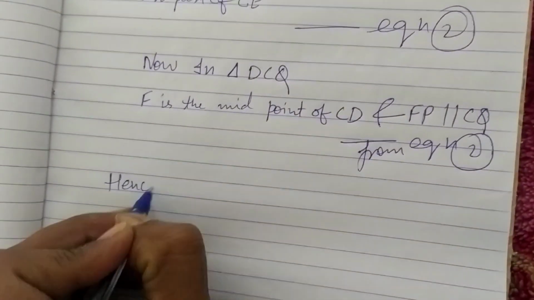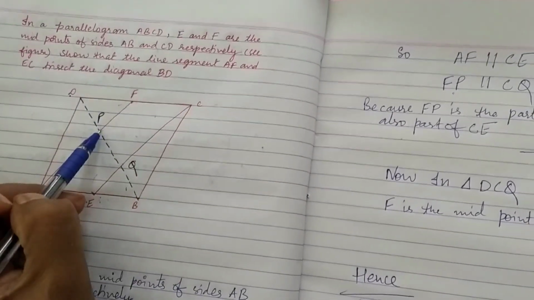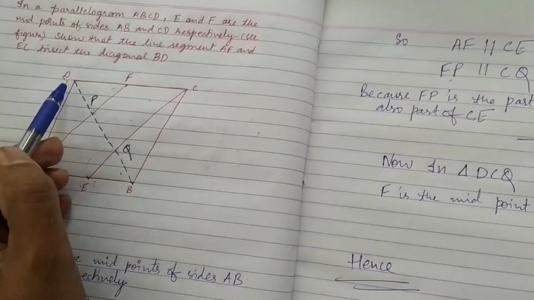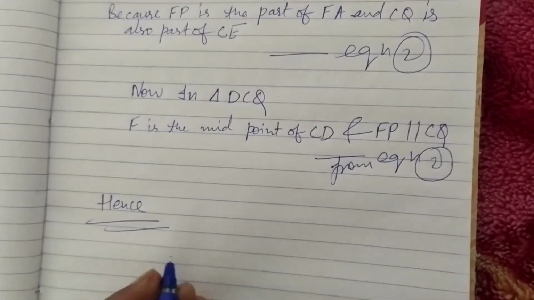Hence, these are parallel and F is the midpoint of this, then P will also be the midpoint of DQ by the converse of midpoint theorem.